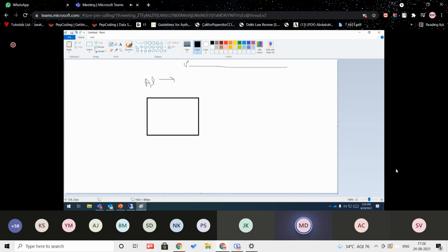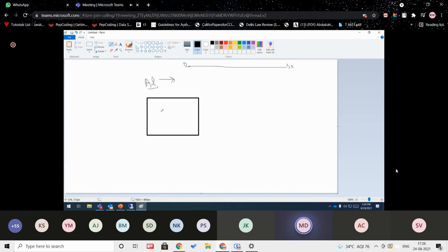Let's suppose you start from 0 and your simulation time is some 50 milliseconds. From 0 to 50 it will keep on solving your algorithm. Now you have to tell this algorithm how much time step it should consider to move on to the next element.